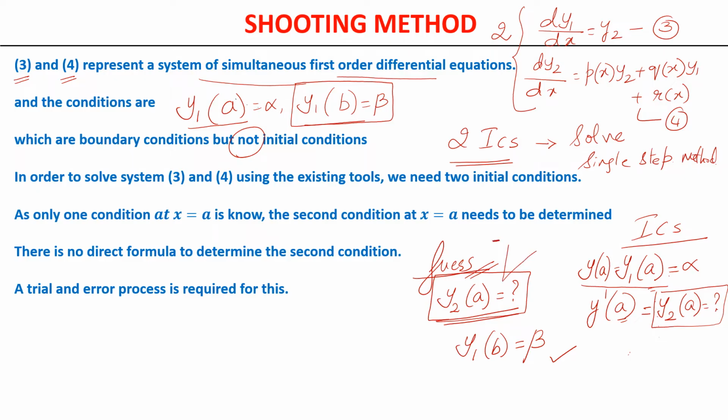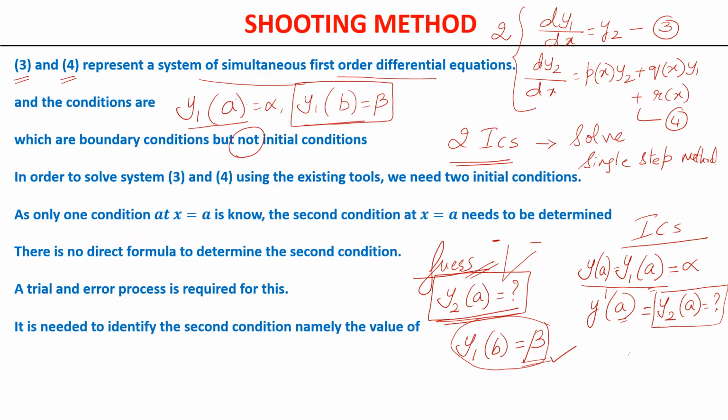I take certain values, I assume that to be y2 of a, I complete the process of solving the IVP using any of my known tools and ensure that the last value at B gives me beta. If it gives me closer to beta, then I assume that the guess that I have made for y2 of a is correct. Else I have to keep trying out different values for y2 of a in such a manner that y1 of b is equal to beta.